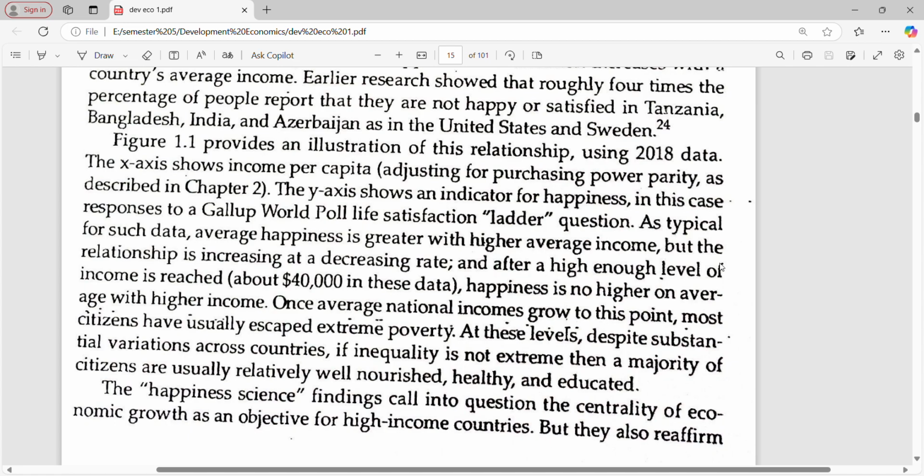Research reveals that generally happiness increases with a country's average income, especially in low-income nations. However, after reaching an income of approximately $40,000 per capita, additional income does not substantially increase happiness. At higher income levels, most citizens escape extreme poverty and are healthier, better educated, and nourished.